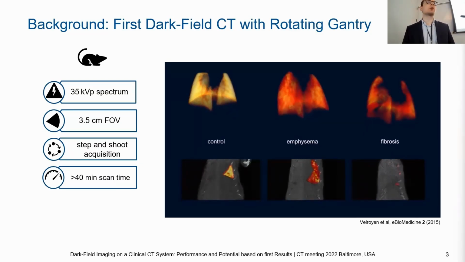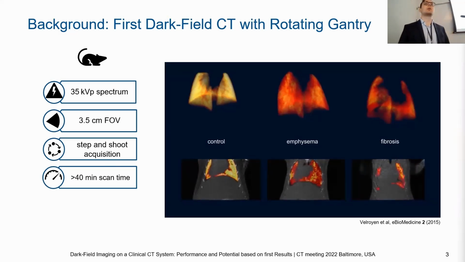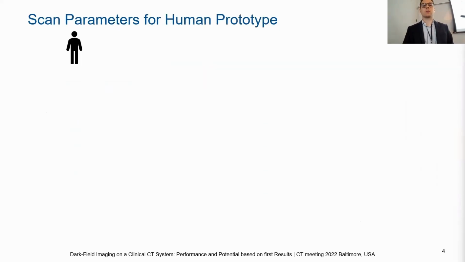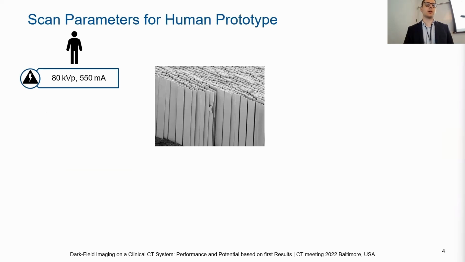For us now, however, the challenge was to translate these parameters and bring them into a more clinically usable range. So for our prototype scanner, we are currently using an 80 kVp spectrum, as Manuel already mentioned.